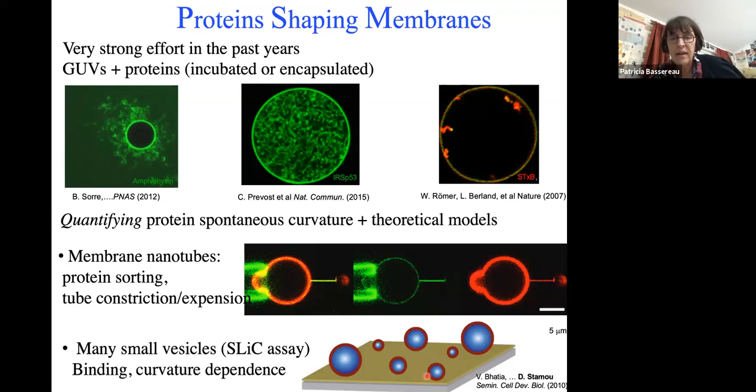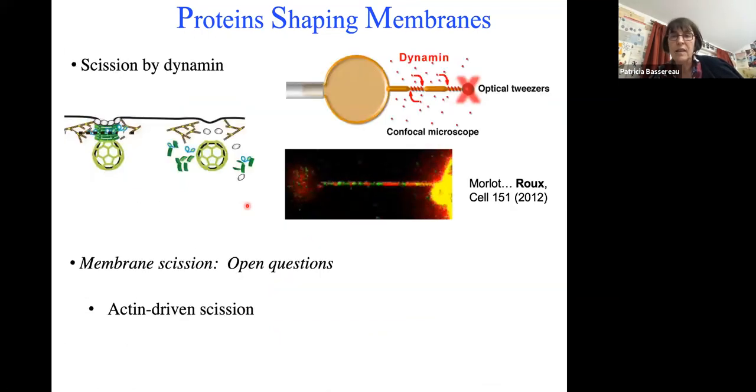Similarly, with this technique he is able to measure the binding affinity of the protein depending on the size of the liposomes. So this is a typical assay developed to quantify how much a protein is able to deform a membrane.